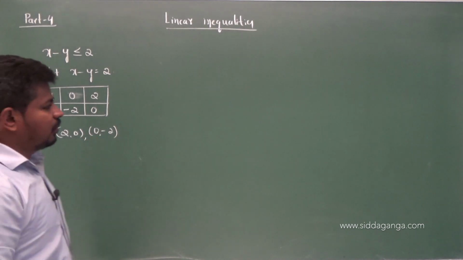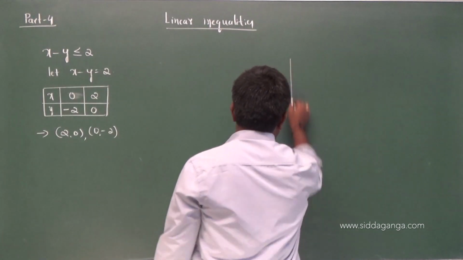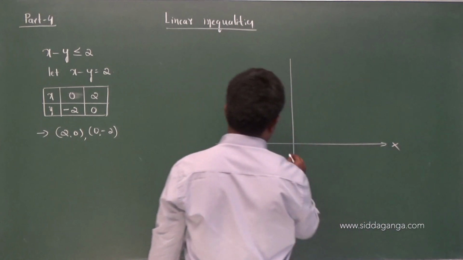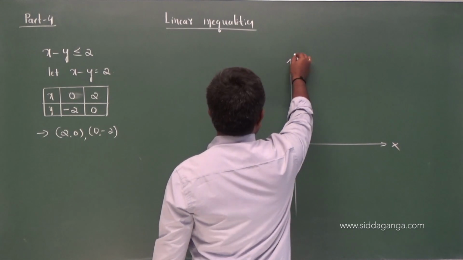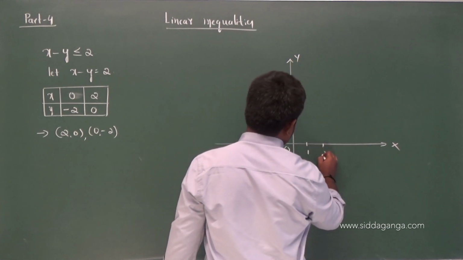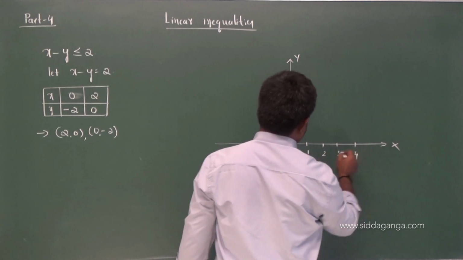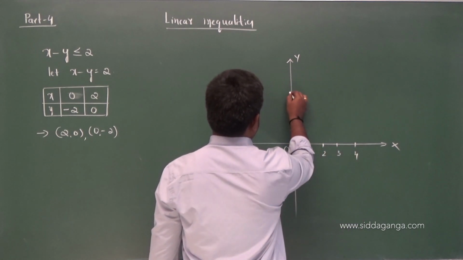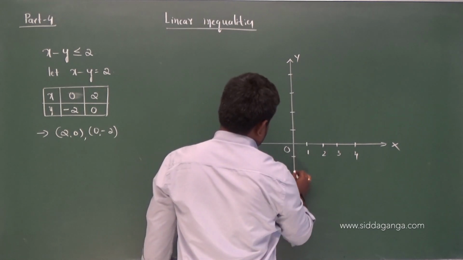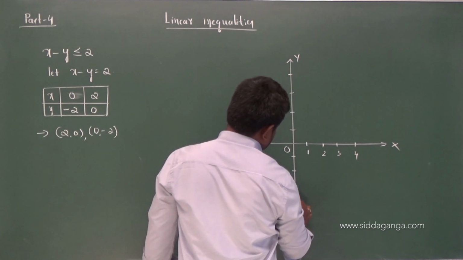So let's plot the graph. This is 1, this is 2, this is minus 2, minus 3, 4 and so on.